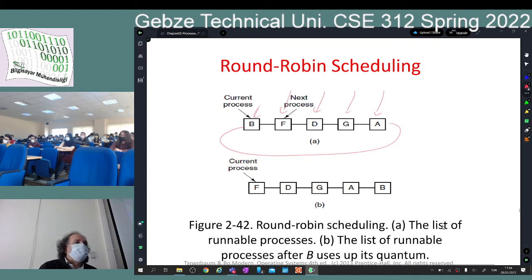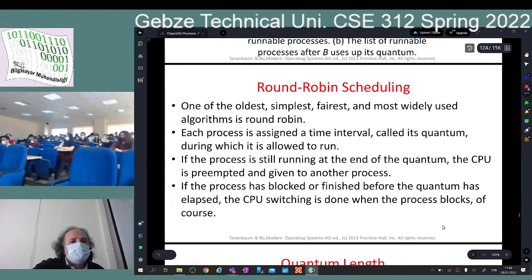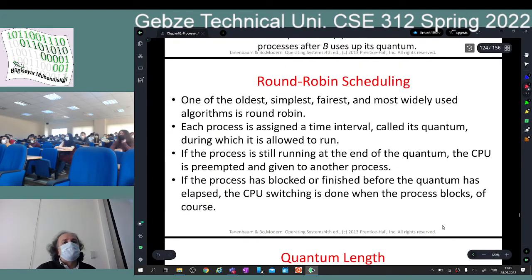But on these modern operating systems, whether it's OS X, Apple's operating system, Windows, Linux, Android or iOS, doesn't matter, we do some form of preemptive round robin scheduling. Round robin is one of the simplest, fairest, and most widely used algorithms.